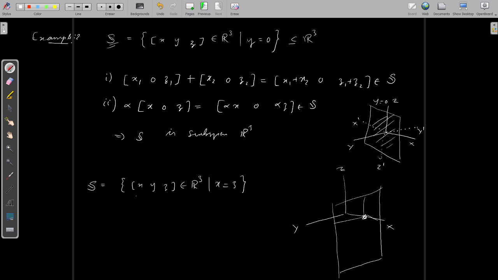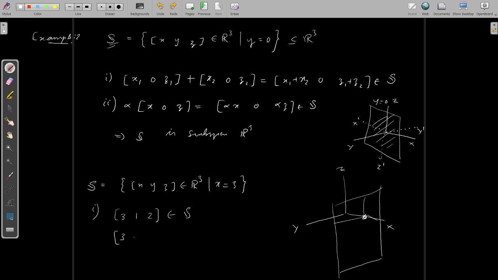To verify this is a subspace, we need to verify that two axioms are satisfied. For the first one, I take x equal to 3 and any y, or we can take it as 1 or 2. This is an element of S, and we take another element. In order for this vector to come from S, we need to set x equal to 3.